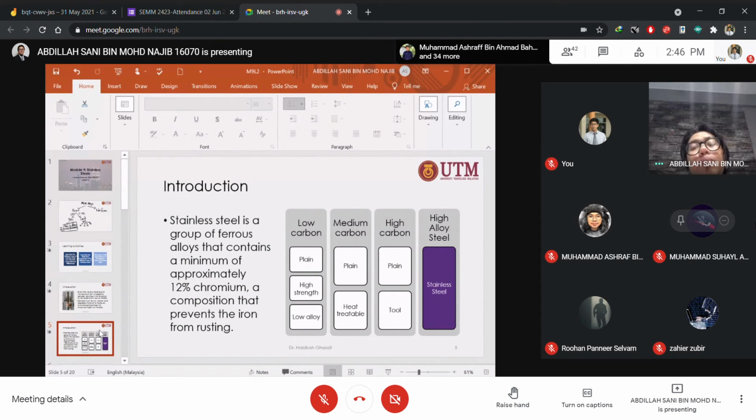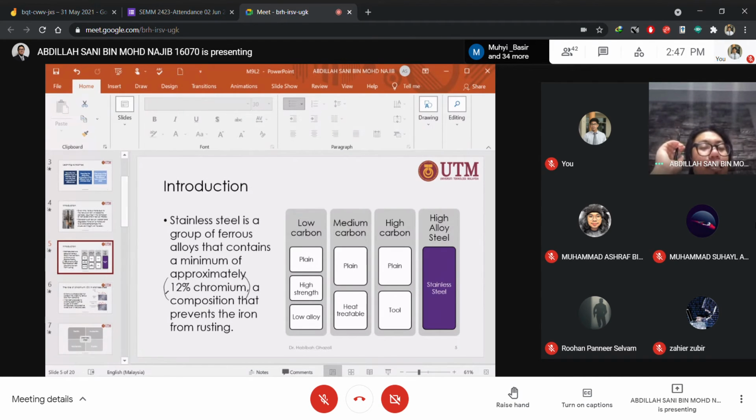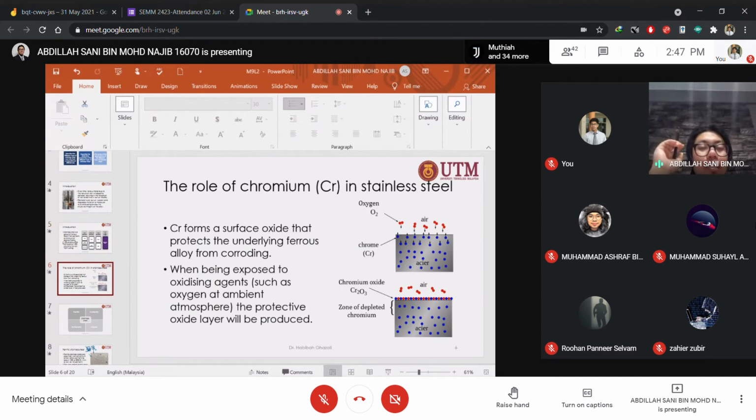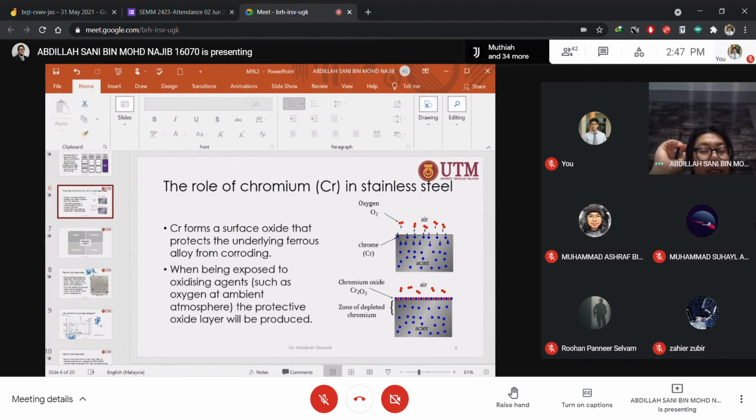For steel to become stainless steel, it needs a minimum of 12% chromium. This is the requirement to be regarded as stainless steel. This is the same as what we have seen just now.